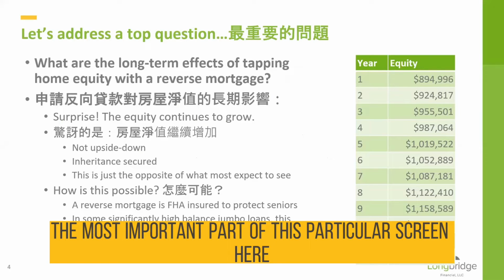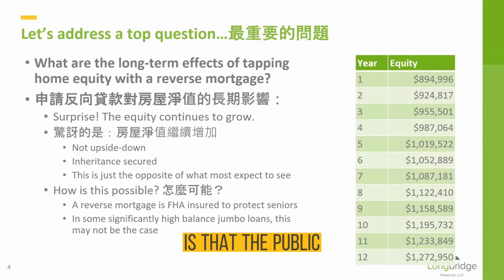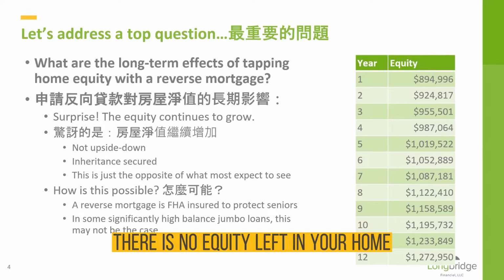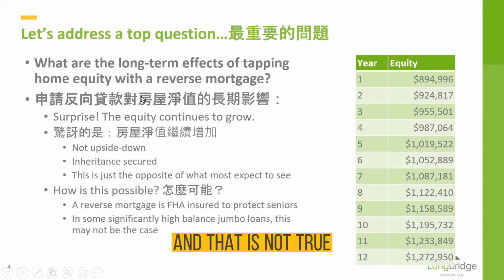part of this particular screen here is that the public tends to think that if you do a reverse mortgage, there is no equity left in your home. And that is not true.